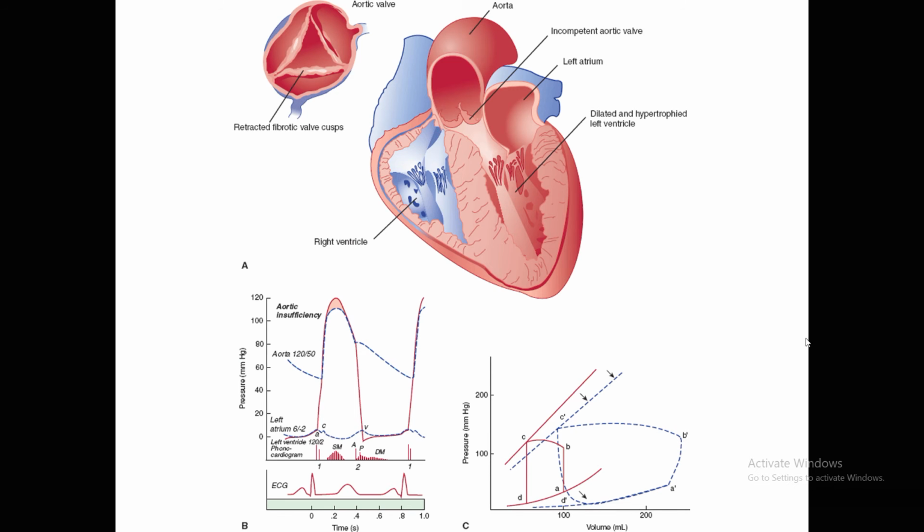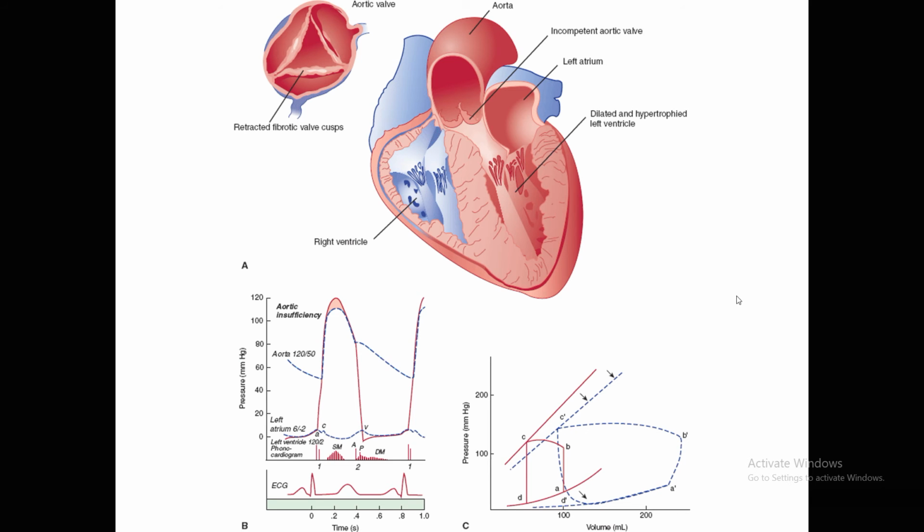In aortic insufficiency, because of the incomplete closure of the aortic valve during the diastole, the left ventricle is filled both through the aorta and through the left atrium. This will cause a diastolic overload, a volume overload of the left ventricle.